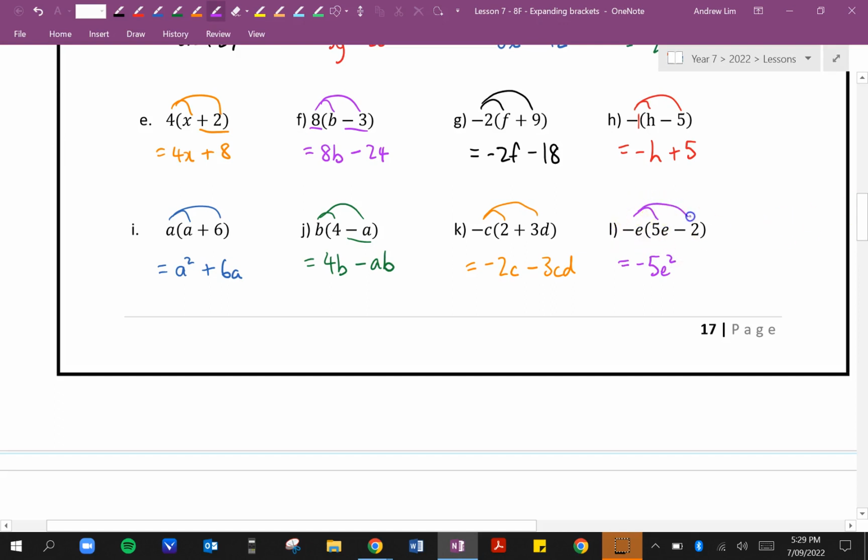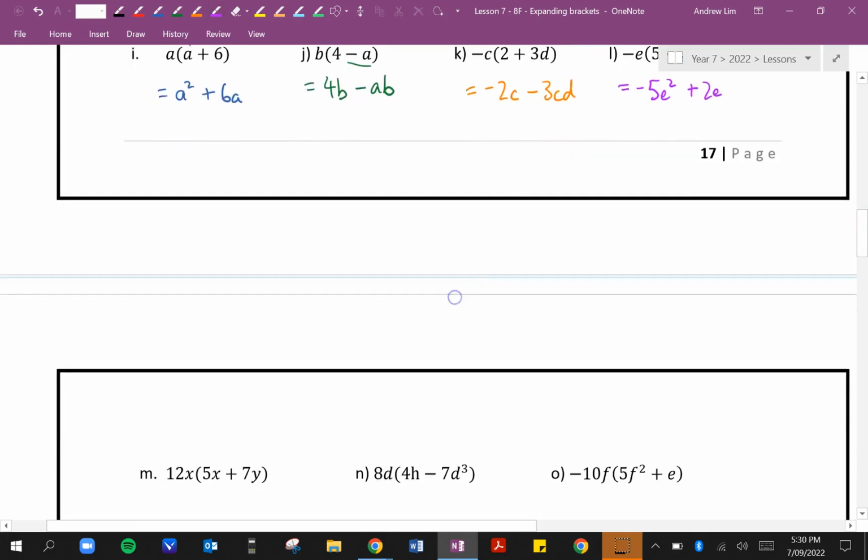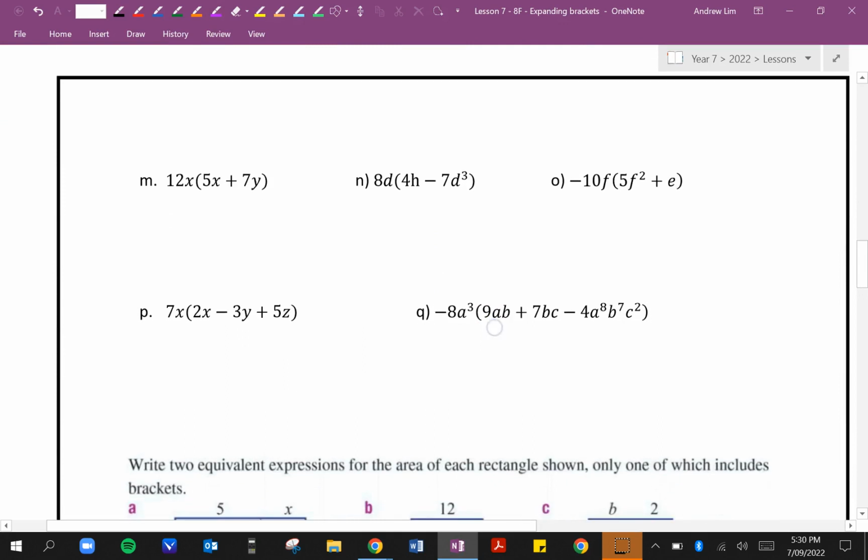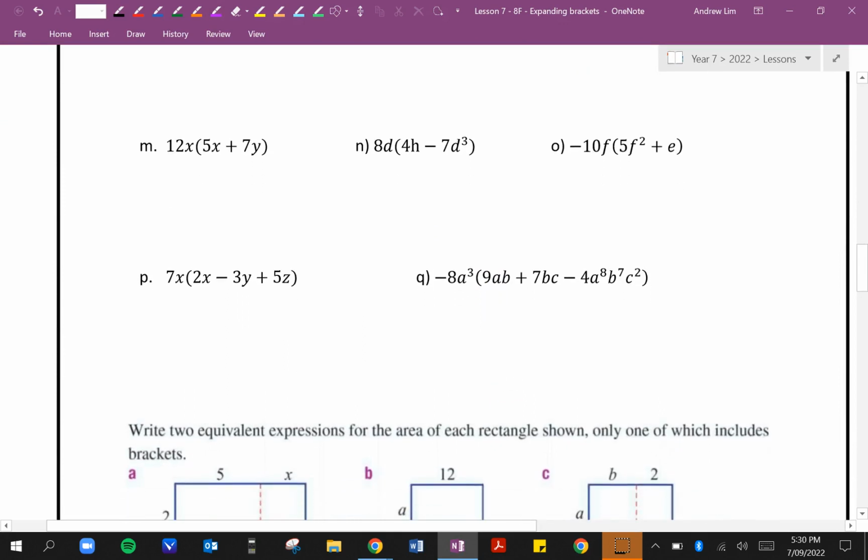Negative E times negative 2 is going to give us positive 2E. Okay, because negative times negative is a positive. Alright. Pause the video, have a go with question M to Q.